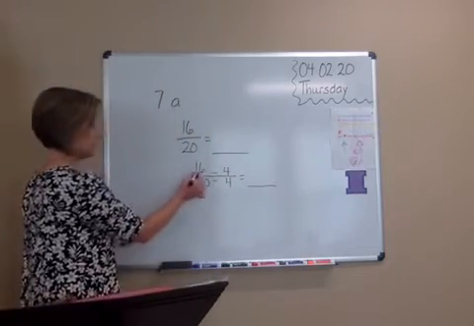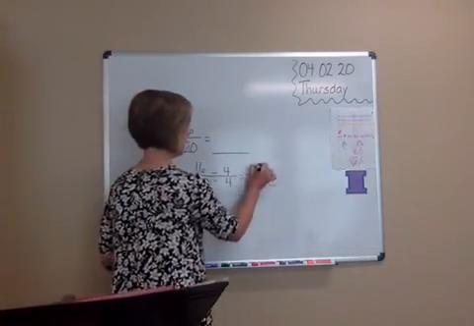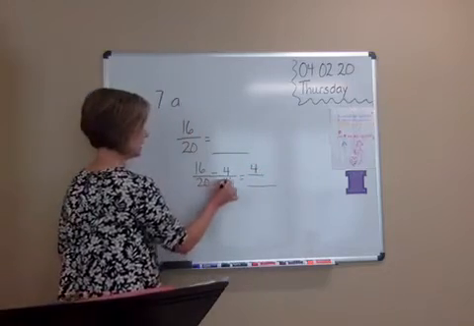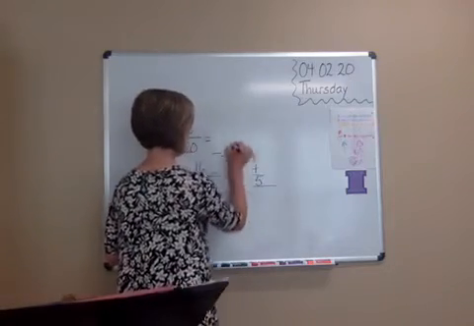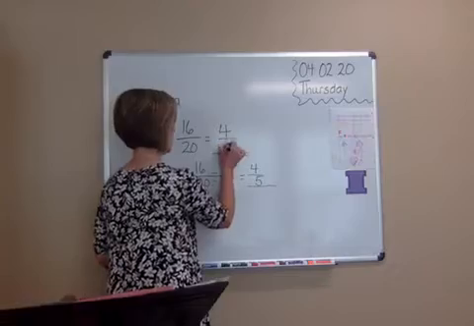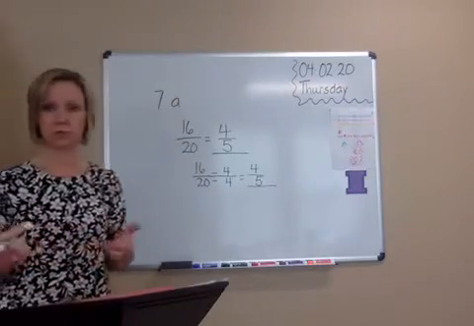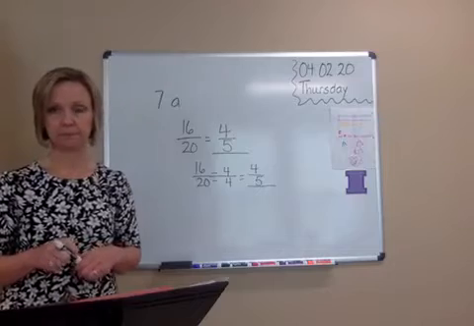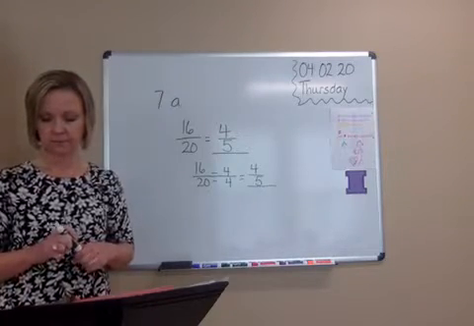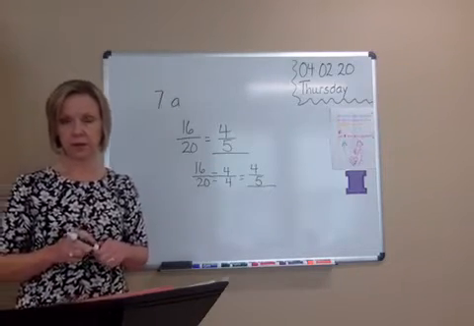Okay, 16 divided by 4, 4. 20 divided by 4, 5. So your answer there would be 4/5. You can't just use 2 every time. Okay? So is everybody okay with those?